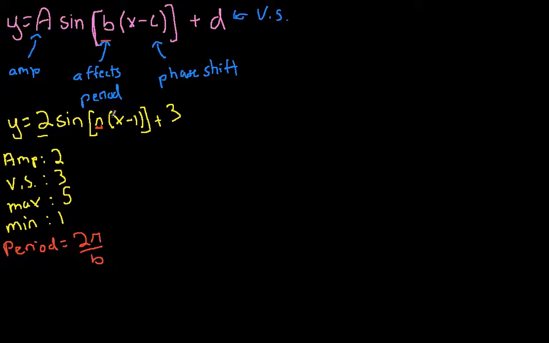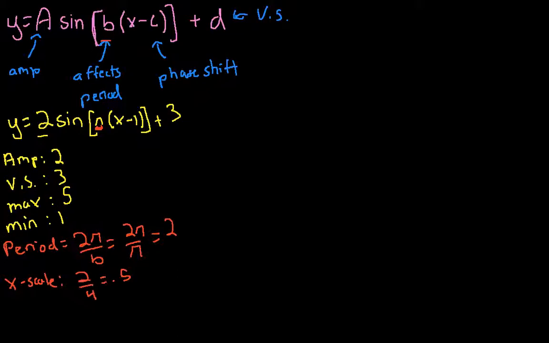You can see that b right here has been replaced with pi. So 2 pi over b would be 2 pi over pi, which would give us 2. Now the x scale is still the period divided by 4, which in this case would be 2 divided by 4, or 0.5. So what that b value does is it changes our period and therefore our x scale.